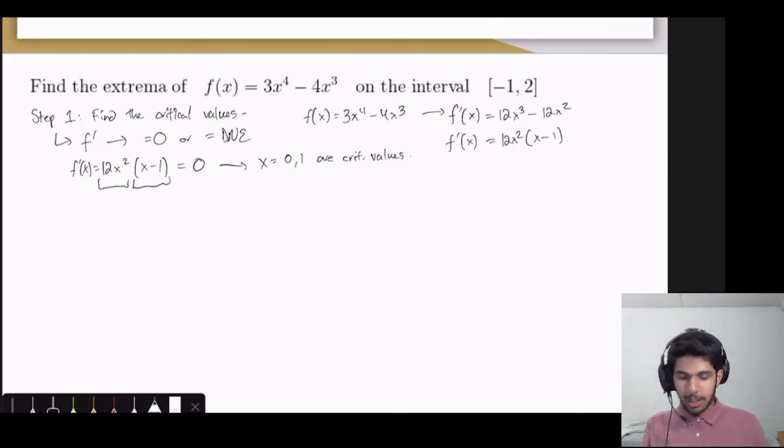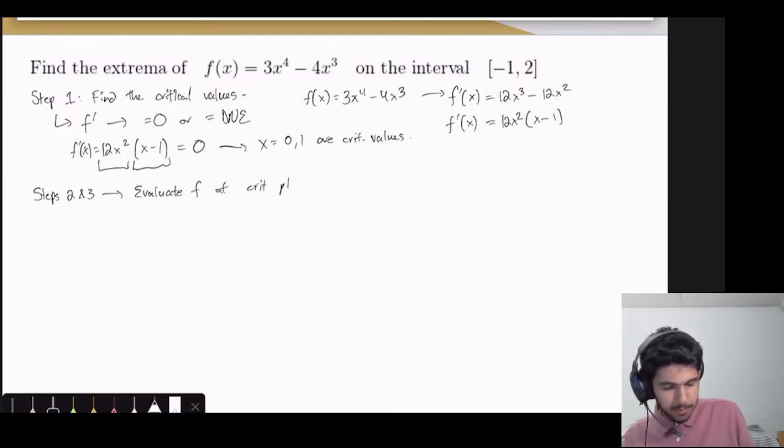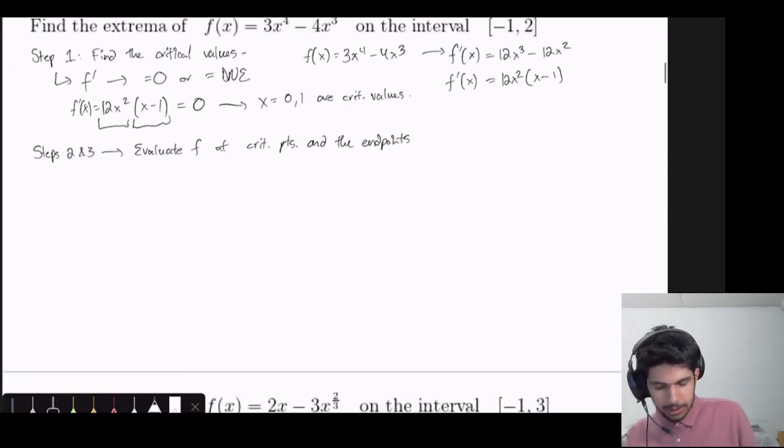So now I'm going to combine steps 2 and 3. This is saying evaluate f at critical points, and the endpoints, right? We can't forget about the endpoints. So what we can do is create a nice little table here.